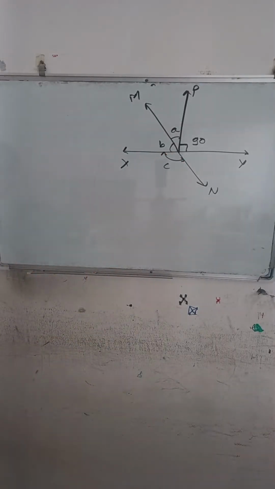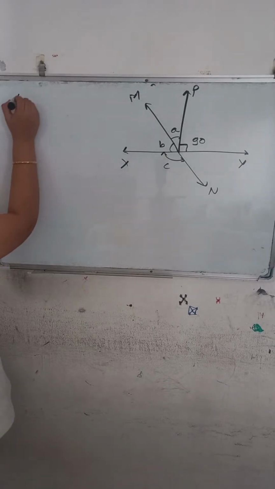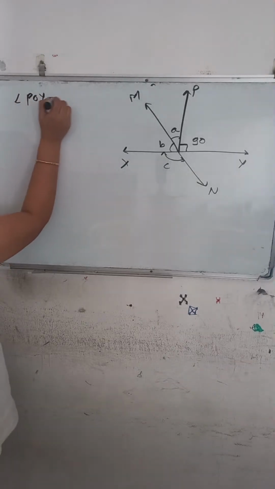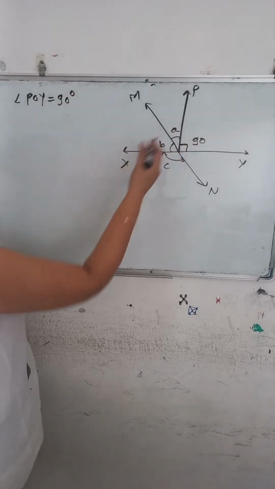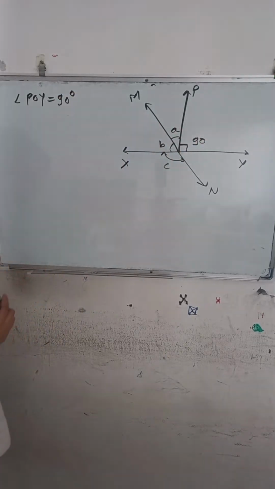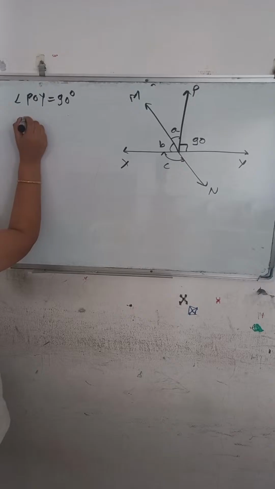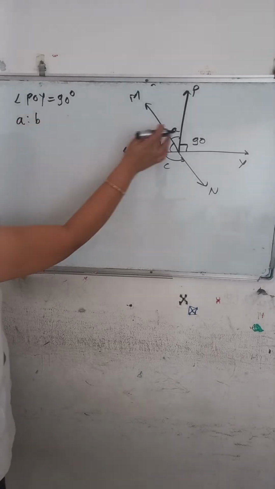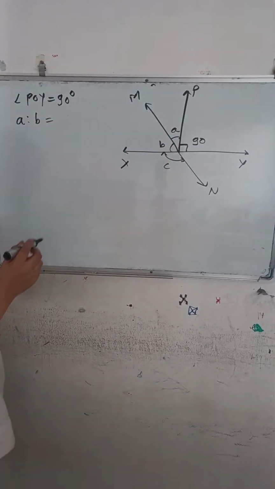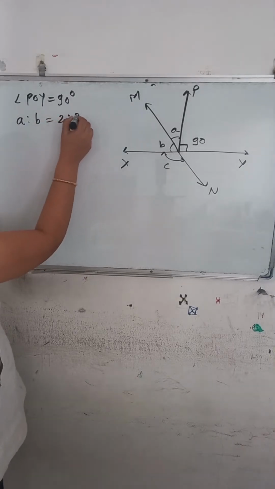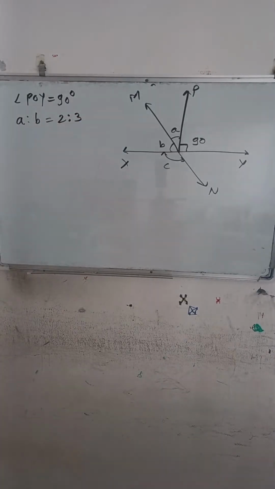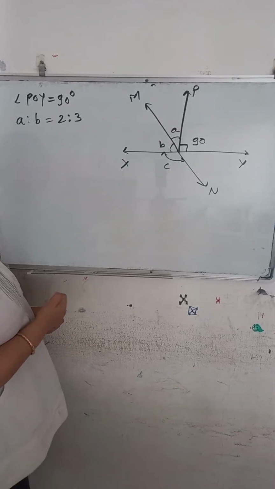Now here they gave angle POY is equal to 90 degrees. That is very clear. And they gave the ratio of angle A and B as 2 is to 3. Now it's very important.